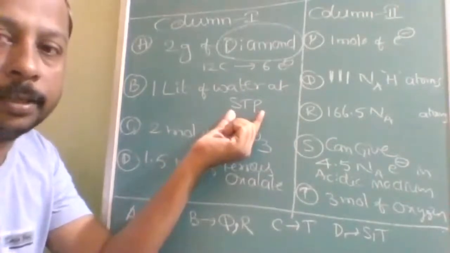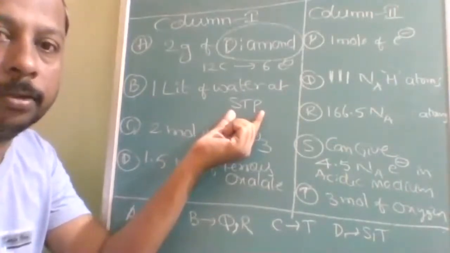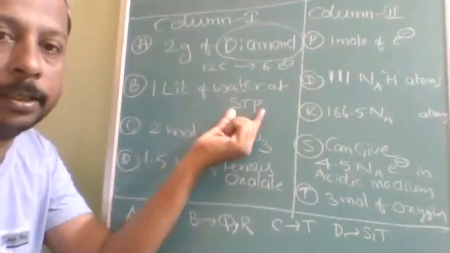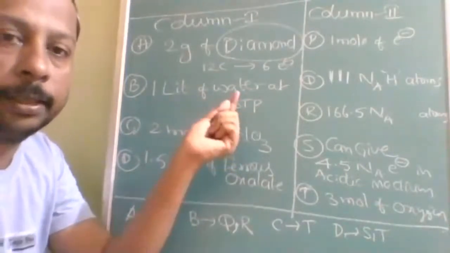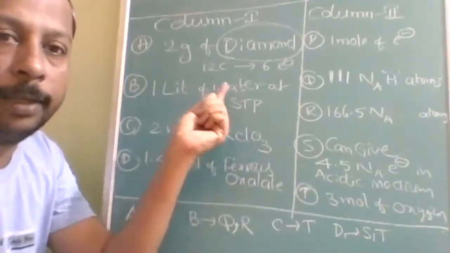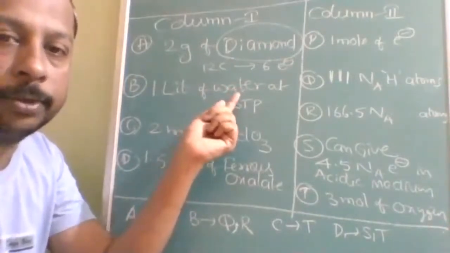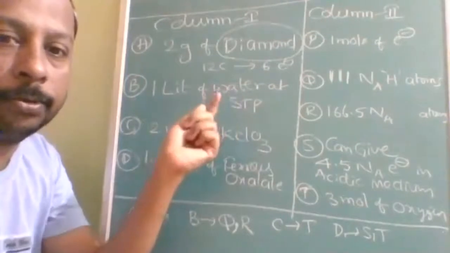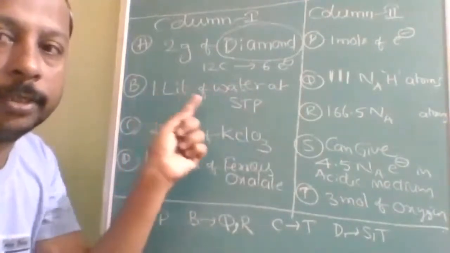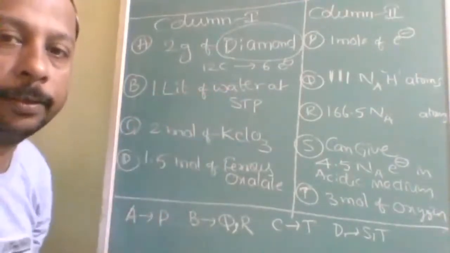If it is in the gaseous state, then only you should apply it. Water is not a gas at STP. Then what will you take? 1 liter of water means 1 kg or 1000 grams. So now you will use the mass relation, with 1000 grams of water.